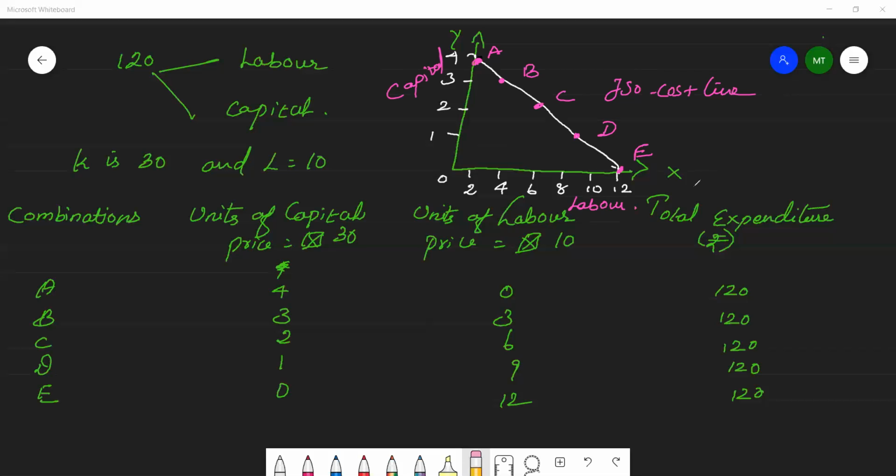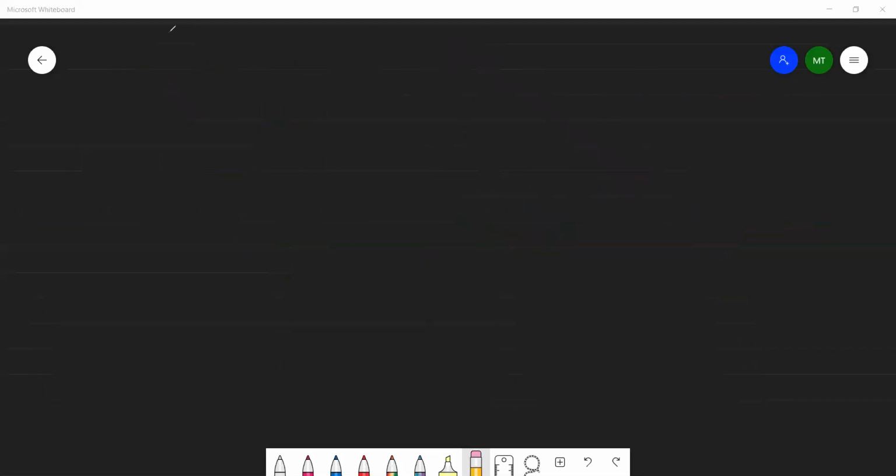Next, symbolically, look at the amounts. First, 4K plus 0L is equal to rupees 120. Next, 3K plus 3L is equal to rupees 120.